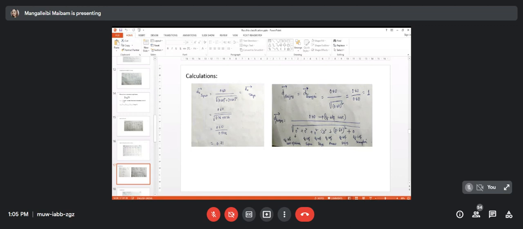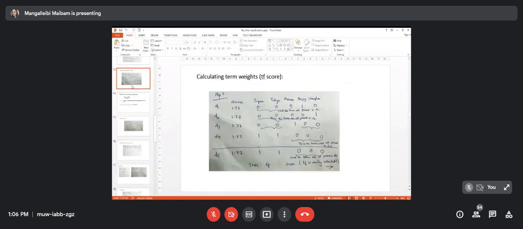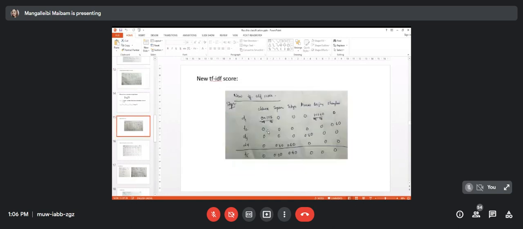In the numerator we write the TF-IDF score, and in the denominator, for D1, if you calculate for Beijing, you have to use this one.